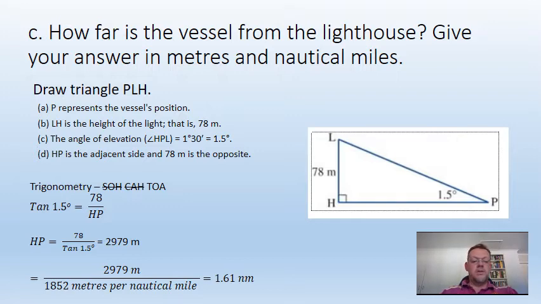So let's substitute the knowns into tan of the angle equals opposite over adjacent. So we know that the tangent of 1.5 degrees equals the opposite over the adjacent. And that's what we have indicated on that line of working.